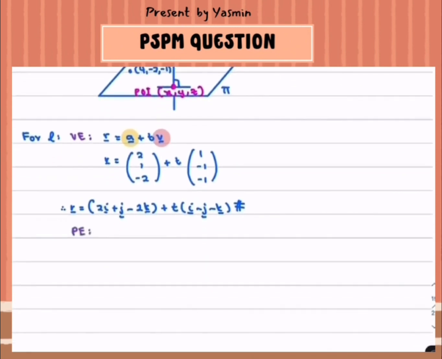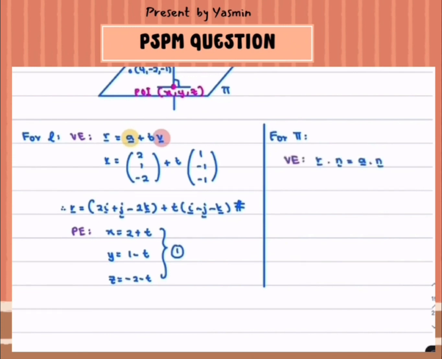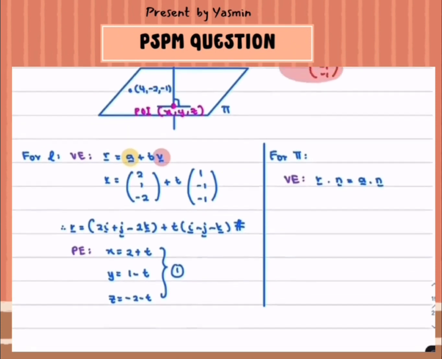So from line, I need the parametric equation. And this will be my first equation. Next, for the plane, I also need the Cartesian equation, since it has the x, y, and z. So let's find r dot n equal to a dot n.